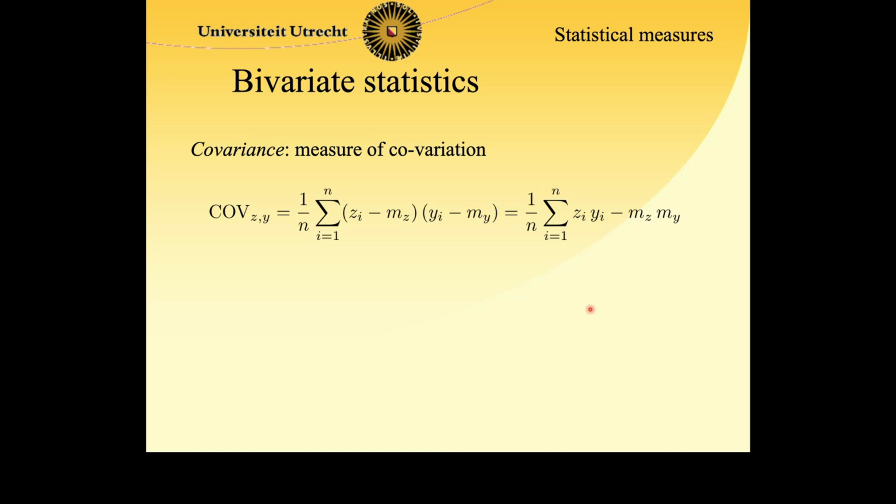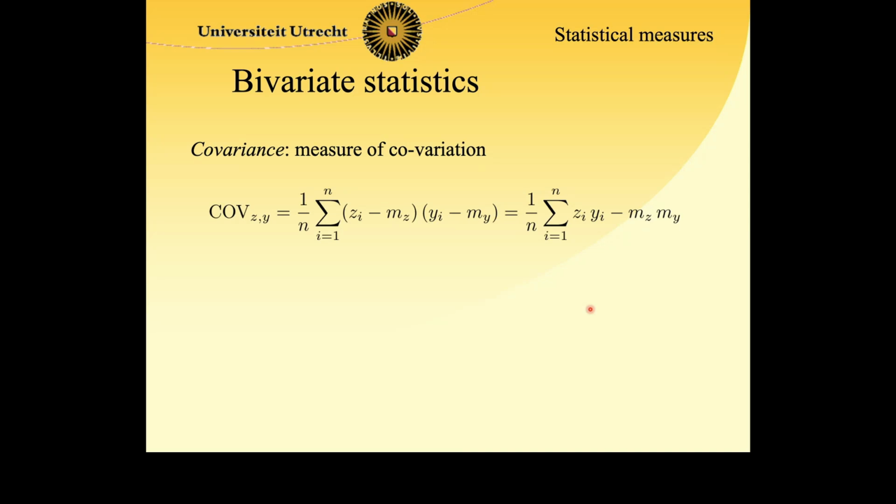If the covariance is 0, then the two are not related. If the covariance is larger than 0, then a larger value of Z will go together with a larger value of Y, which is expected, for instance, for hydraulic conductivity. But it can also be negative.